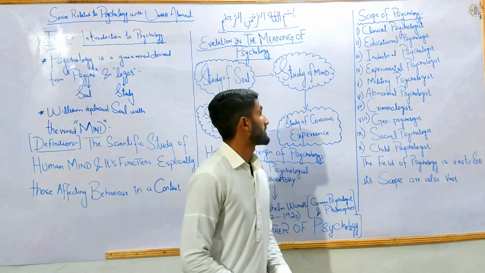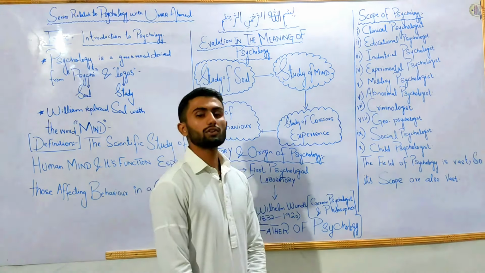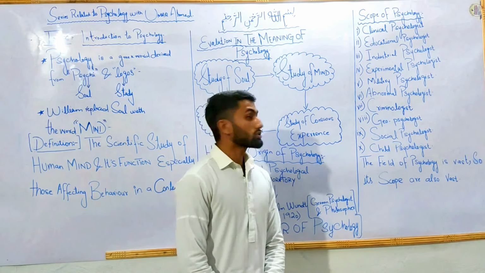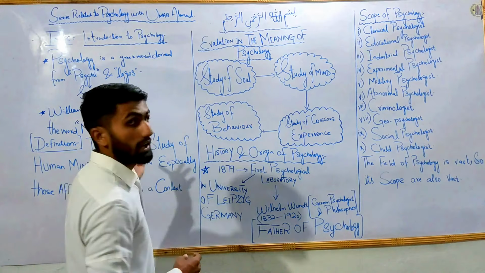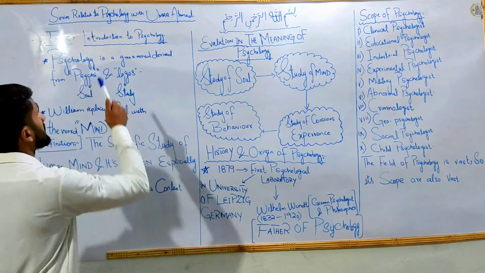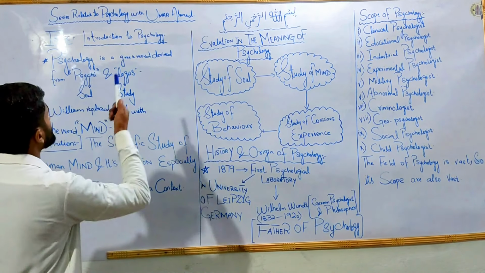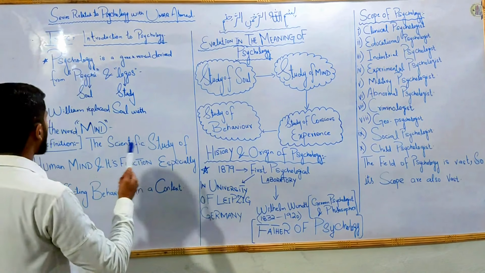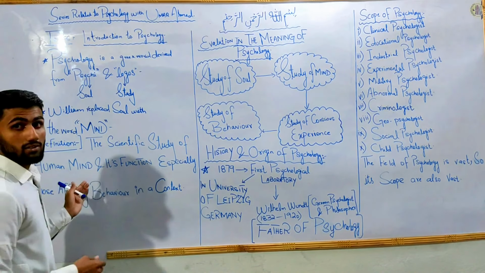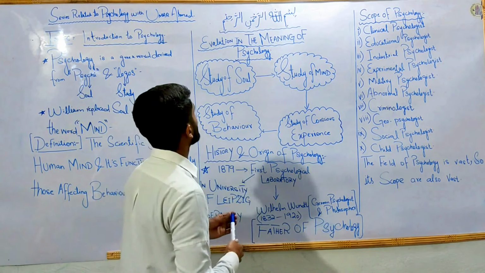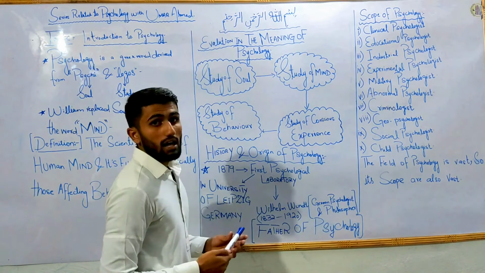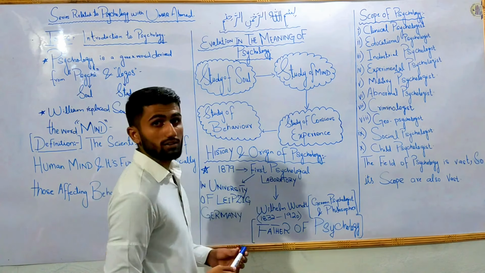So, we have started a series regarding different topics of psychology. Without wasting the time, we will move on to our lecture. First of all, we will discuss the introduction of psychology. After that, we will discuss the definition of modern psychology, as well as the evolution in the meaning of psychology.